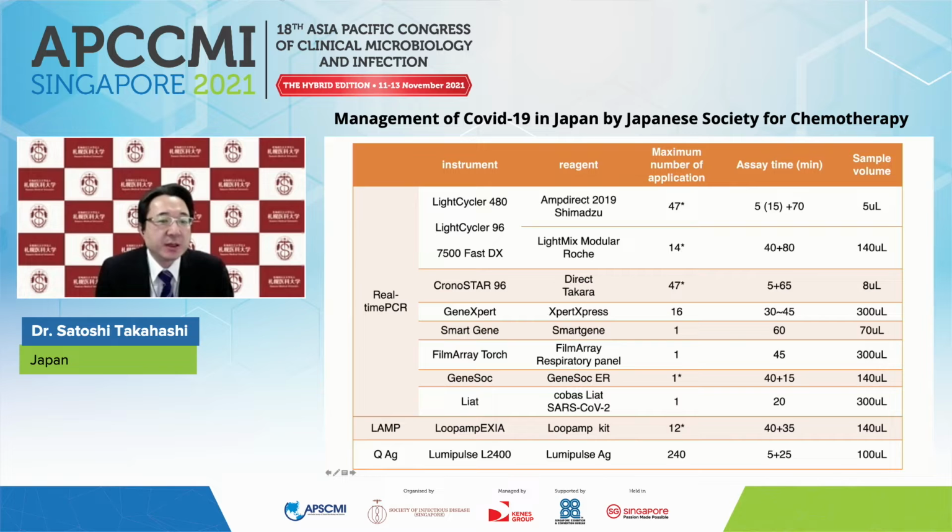Many devices are available, but now we mostly use UpDirect 2019 Shimadzu, a real-time PCR reagent. We mostly use the Tricra 480 or 196, and also we can use GeneXpert and Lyra.